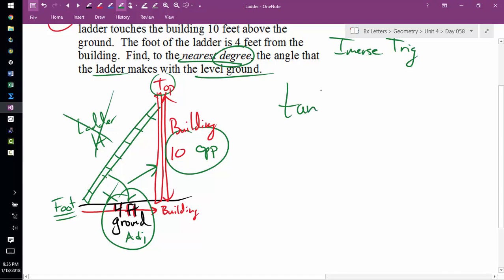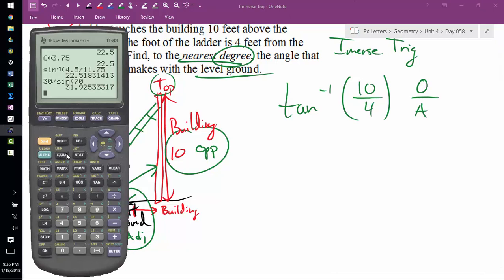That is the inverse tangent function, and it will be 10 over 4, because my opposite divided by adjacent is 10 over 4. So if I type that into the calculator, that's going to tell me my angle of elevation, or in other words, the angle that the ladder makes with the ground.